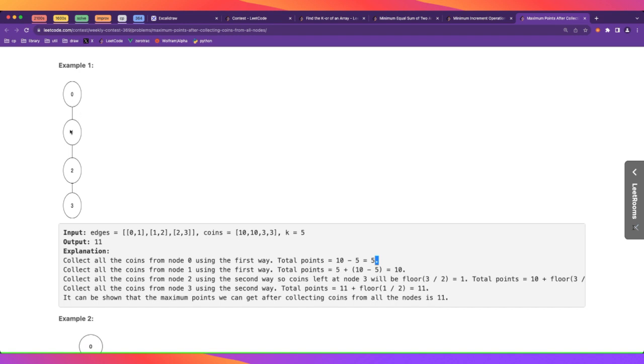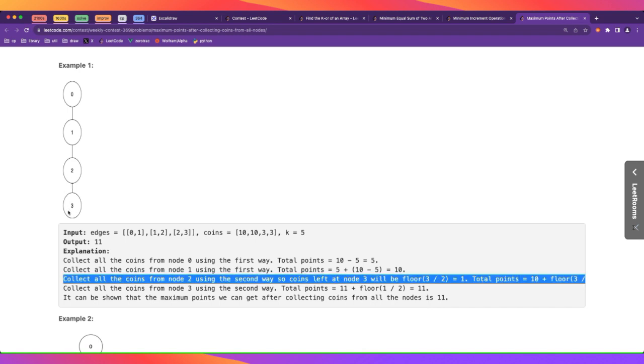But then you go to the child, node 1, and again you have 10 coins there, and they're using the first way again, so you subtract k, and you gain 5 more points, so you accumulate 10. Then here, this is supposed to be the optimal way, so you use the second way. Now you divide the 3 coins by 2, rounding down, so it's 1, so you accumulate 1 more point.